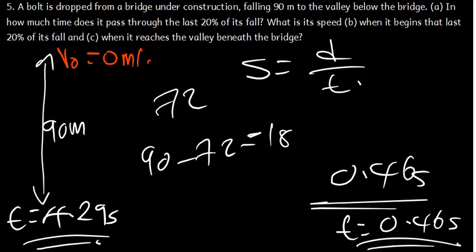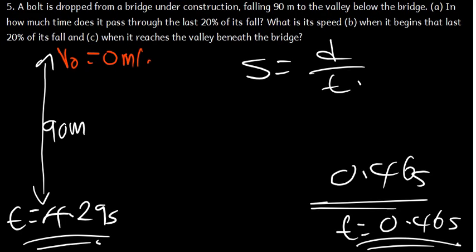So it's the one which we're going to use. The total distance here is 90 and 80% of 90 is 72, meaning that for the 20%, we need to say 90 minus 72, which is going to give us 18. So in this case 18 is going to be our displacement.